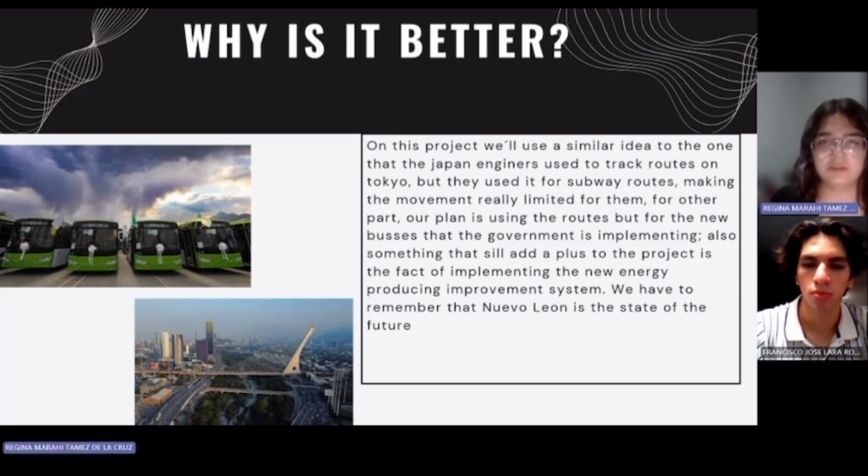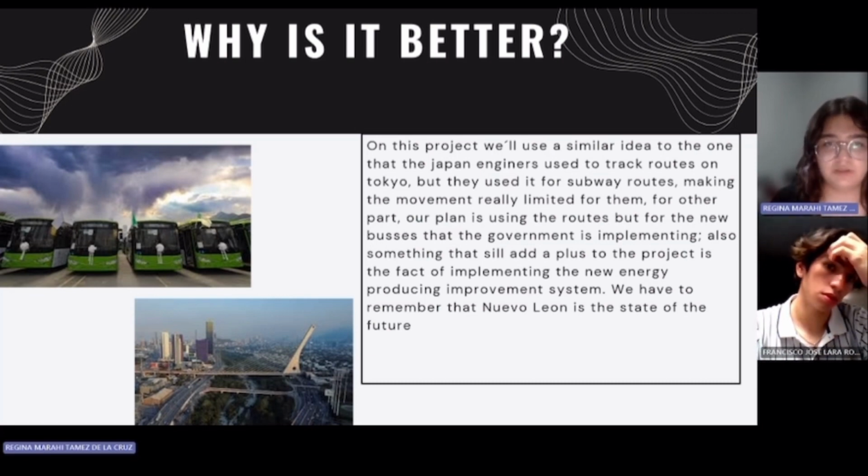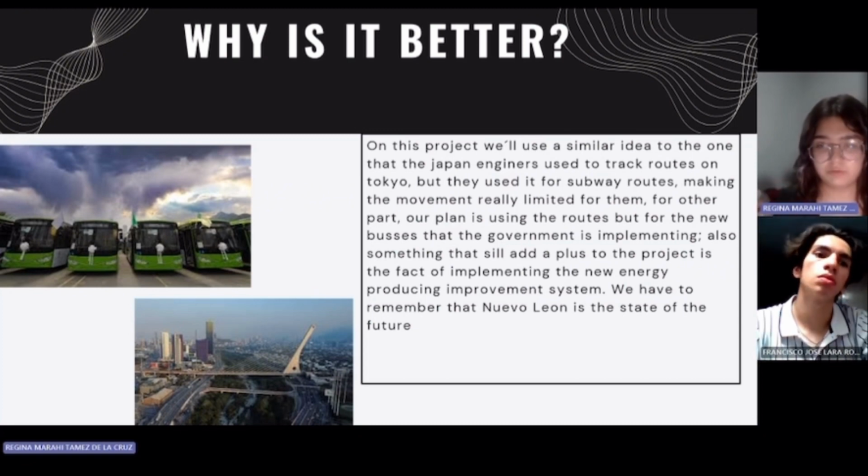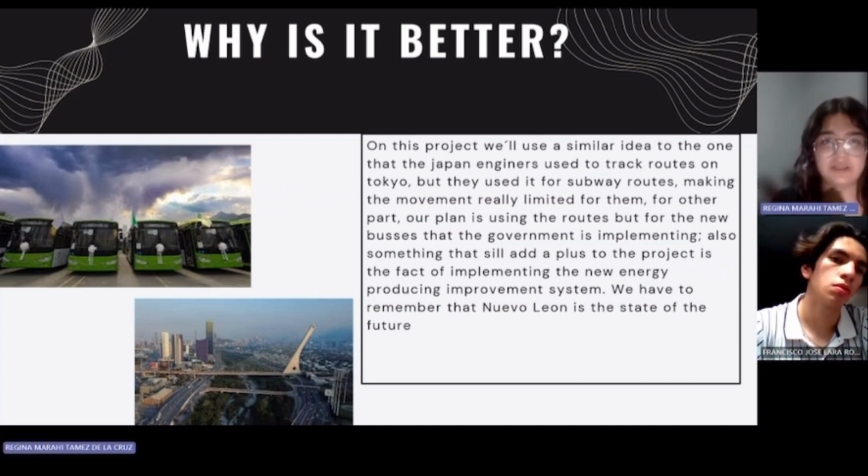Also, we want to implement the new energy producing improvement system. With this, we want to reduce pollution, and this is a really effective and efficient way of producing energy.